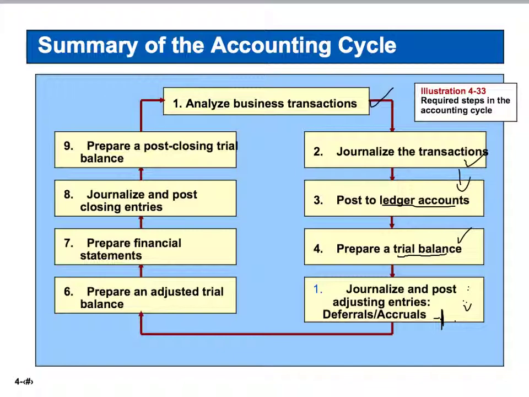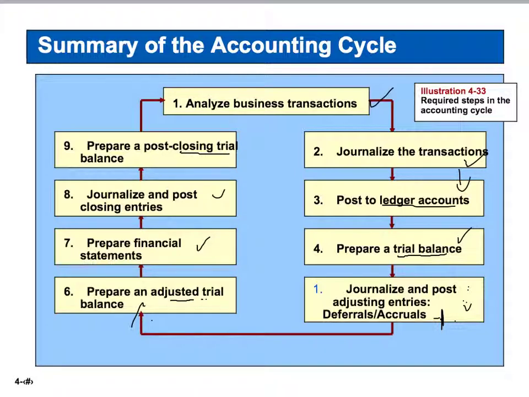Once I've done that, I post them to the ledger, and I then prepare an adjusted trial balance. Once that is done, and I know that everything is correct, I prepare the financial statements, and then I close out the books. And I could test that again by taking a post-closing trial balance.